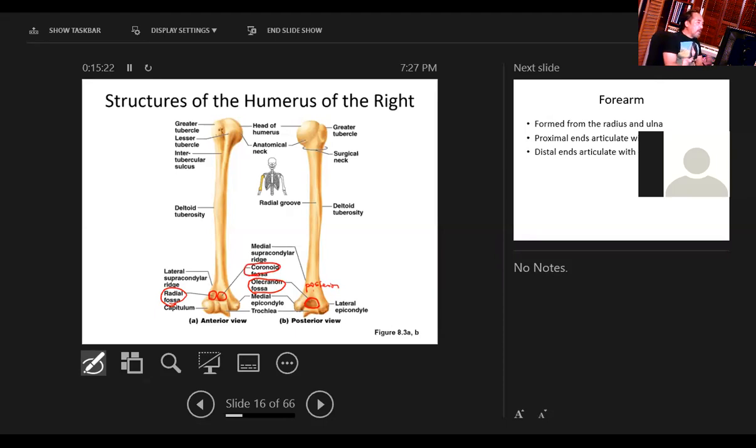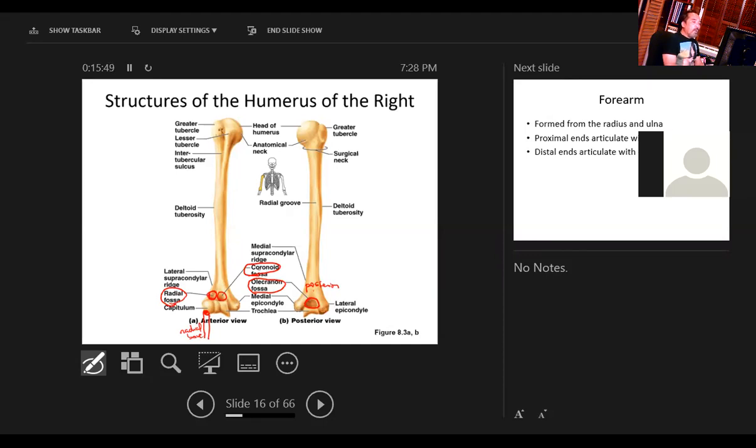The radial fossa is on the lateral side. Why did they call it the radial fossa? Because the bone on the lateral side of the forearm is the radial bone. Okay? And when you flex the arm, the head of the radial bone will hide in the fossa of the humerus.